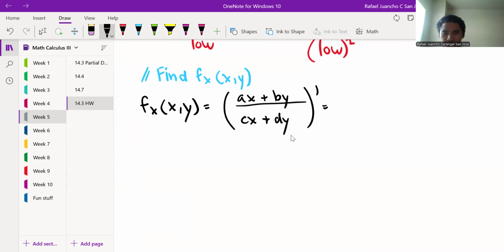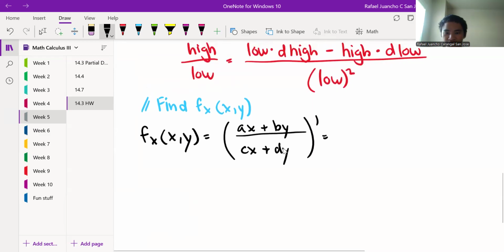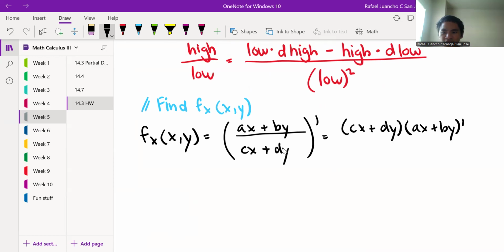And so we do my low first, right? So low, derivative of my high. Here I like to take it step by step. I put an apostrophe to indicate I'm taking the derivative of that.